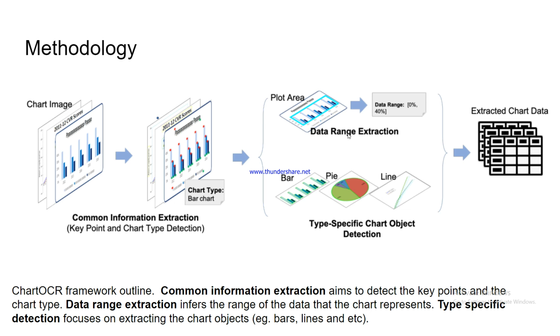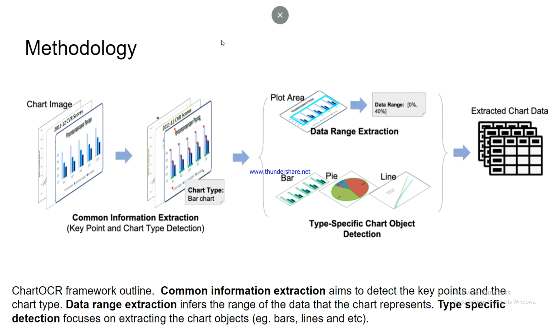Data range extraction infers the range of data that the chart represents, and type-specific extraction is based on whether it is a bar chart, line chart, or pie chart. Then it converts all the extracted information into a semi-structured table.